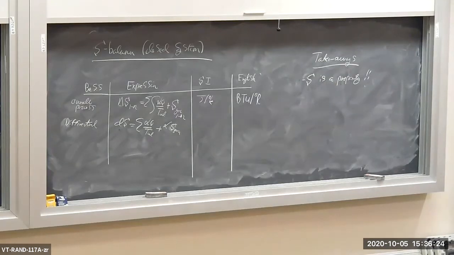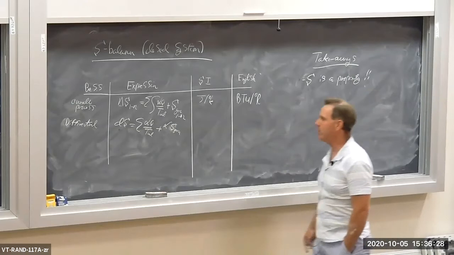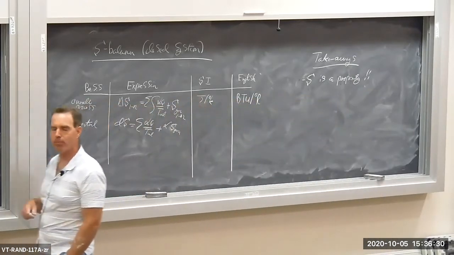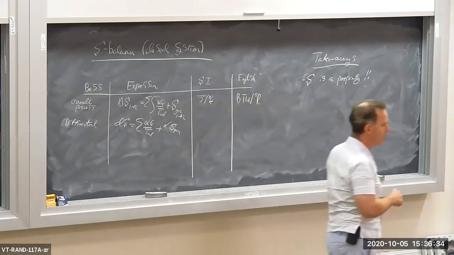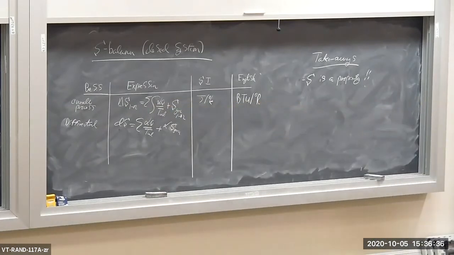S is a property. So that's why it's got the D on here. S is a property or a point function. So the differential S is dS.